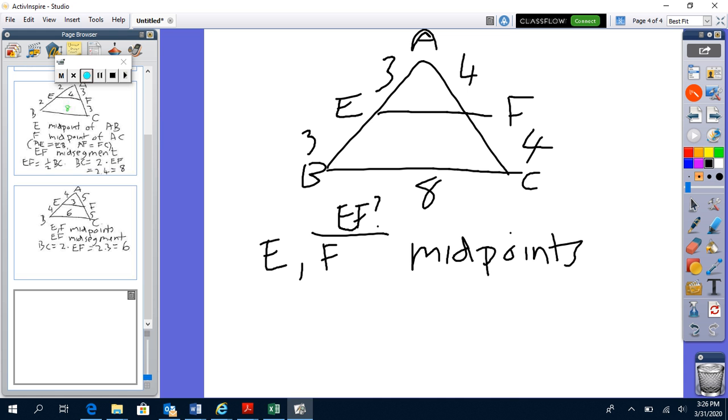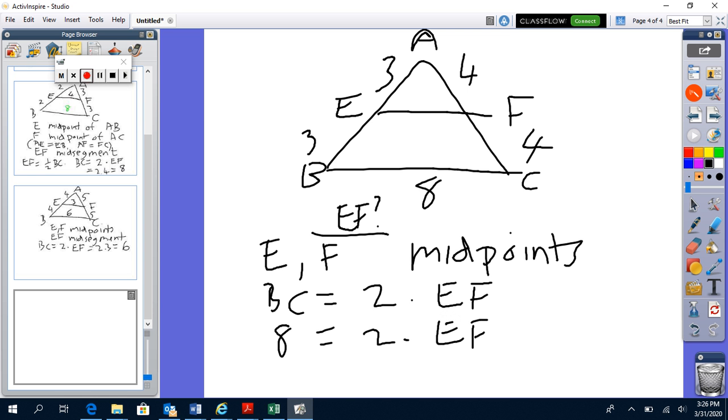So E and F are midpoints, so that means BC is going to be 2 times the length of EF. BC is 8, so 8 is going to be 2 times the length of EF. So that means the length of EF must be 4, 8 divided by 2.